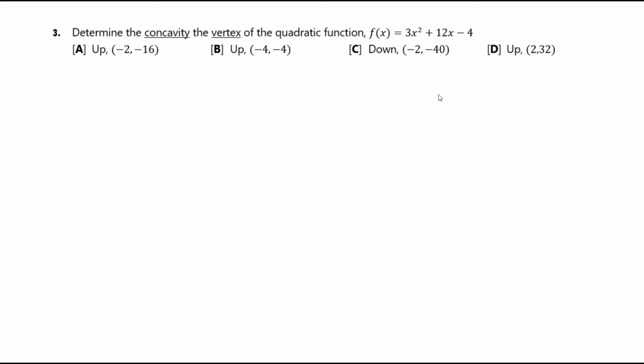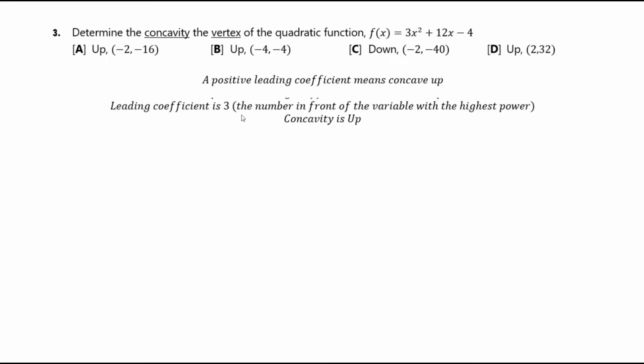Now for this one, we need to determine the concavity and the vertex of the quadratic function. So recall that a positive leading coefficient means that it's concave up. So remember that the leading coefficient is the number that is in front of the variable with the highest power.